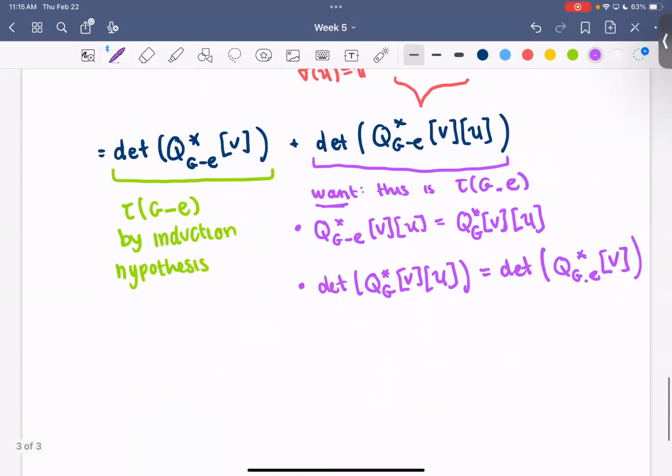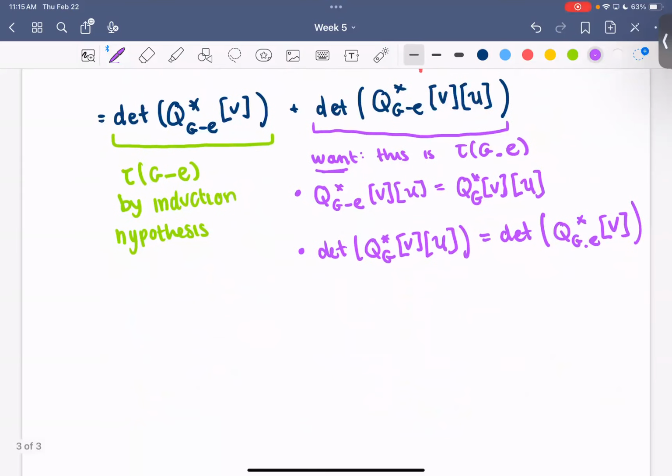Maybe for this one, it'd be helpful to do an example. Okay, so let's do the kite, where this is VU and this is E, and we're contracting it over here.